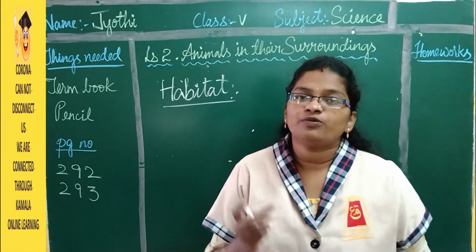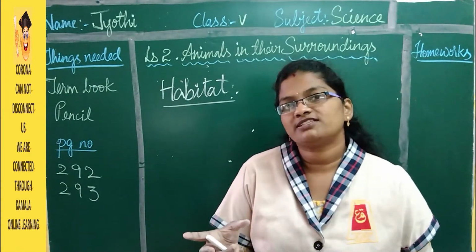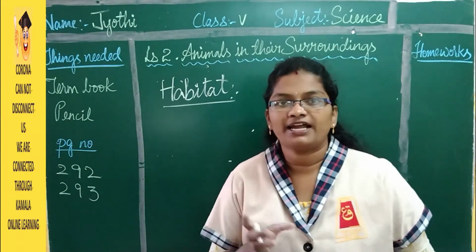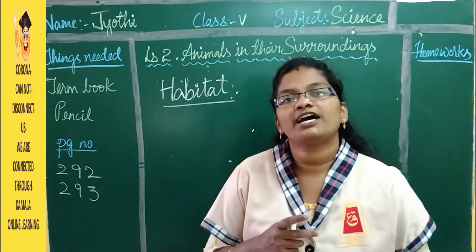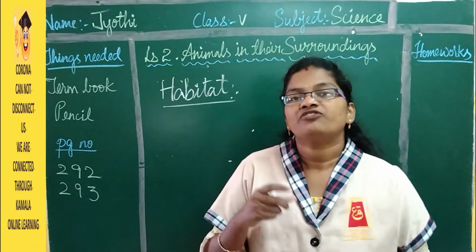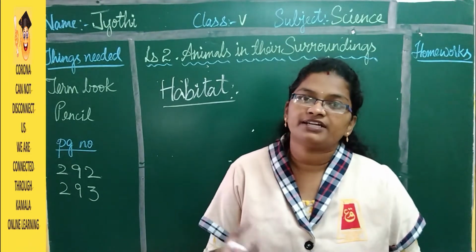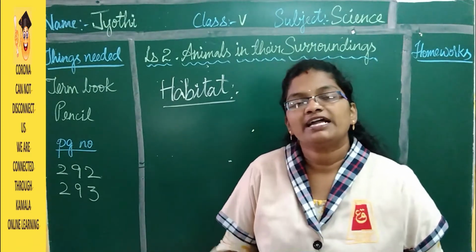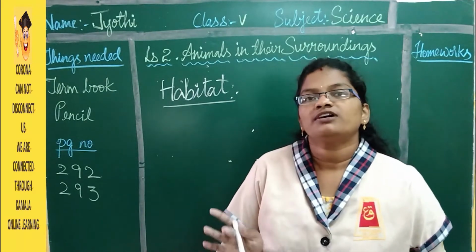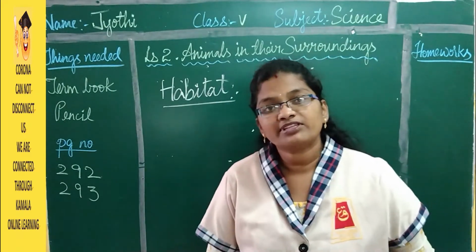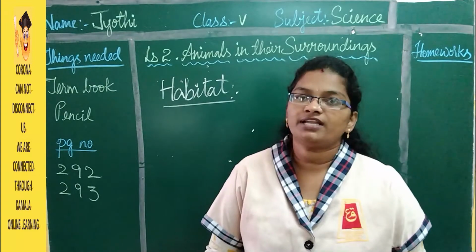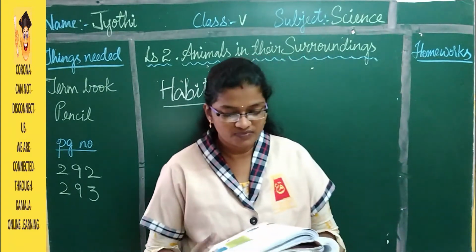For example, for human beings, what is their habitat? It is land. For fishes, what is their habitat? It is water. For birds, what is their habitat? It is like trees or land or air. So where they are going to adapt themselves to live is called their habitat.